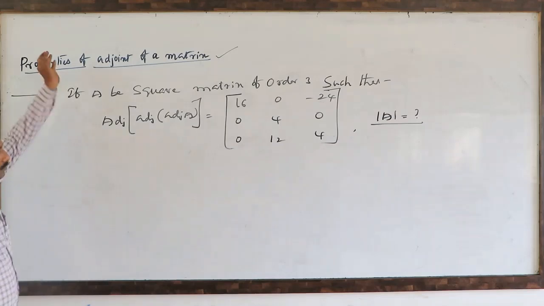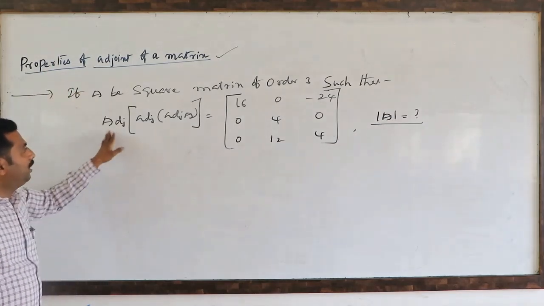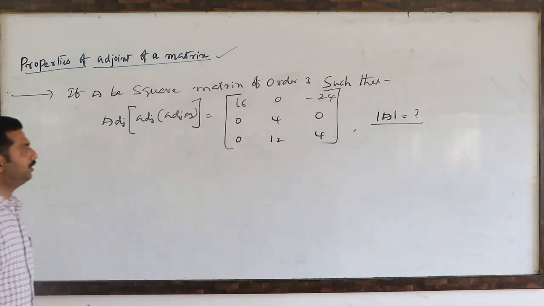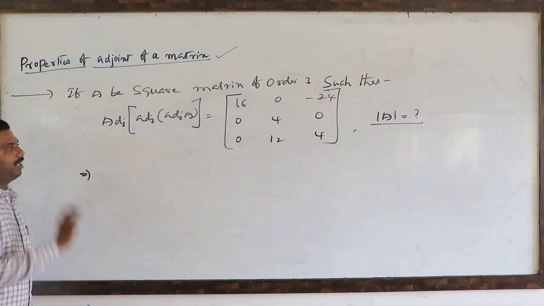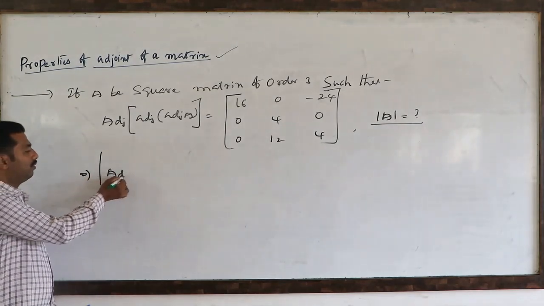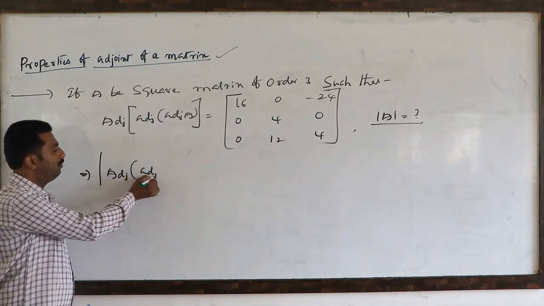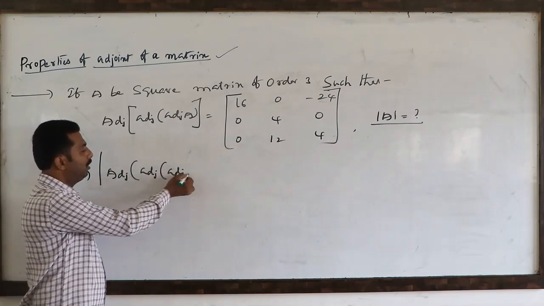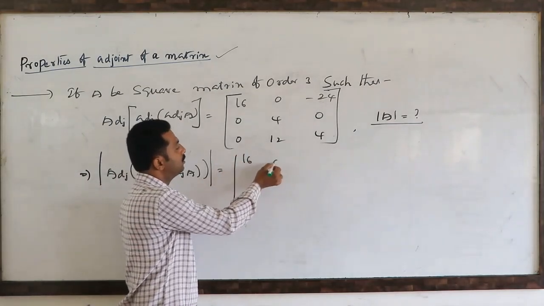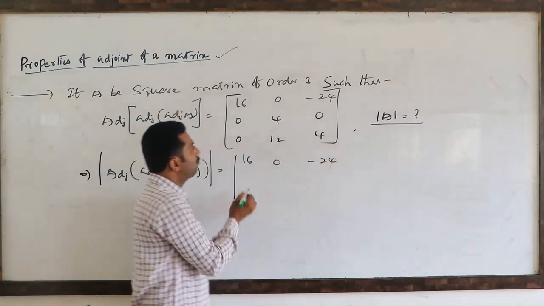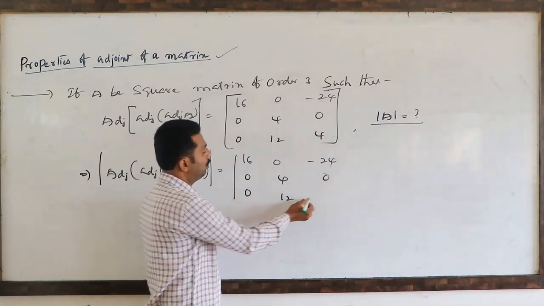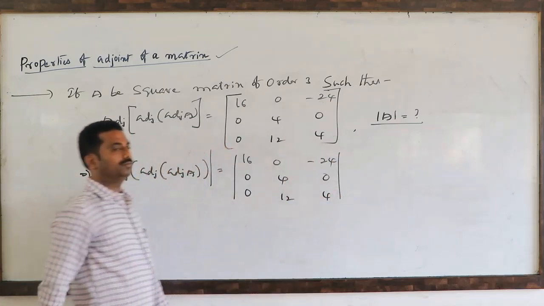See here. Adjoint of A is a square matrix of order 3 by 3. Now I am taking determinant on both sides. Determinant of adjoint of A equal to determinant of 16, 0, minus 24, 0, 4, 0, 0, 12, 4.